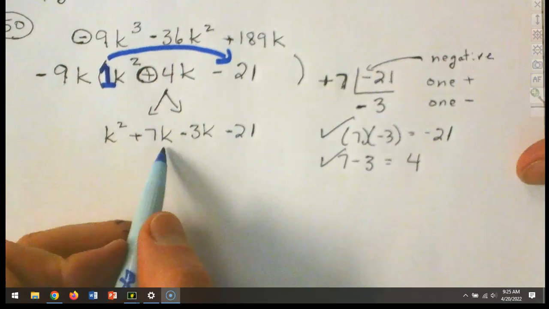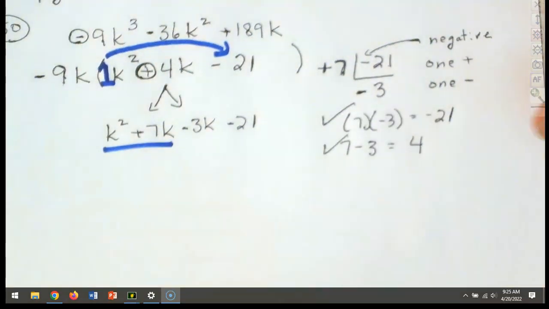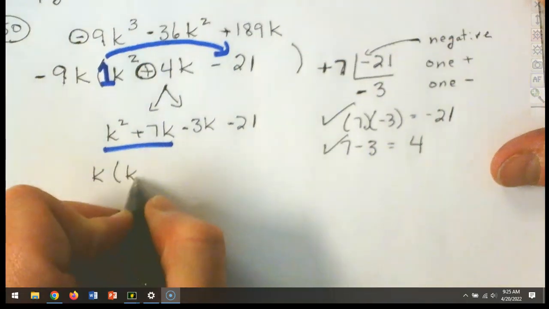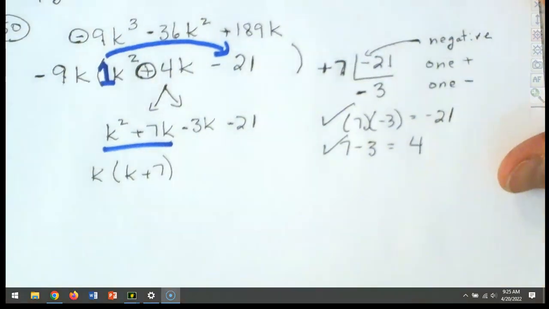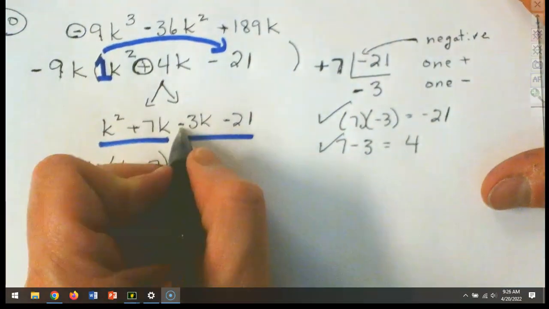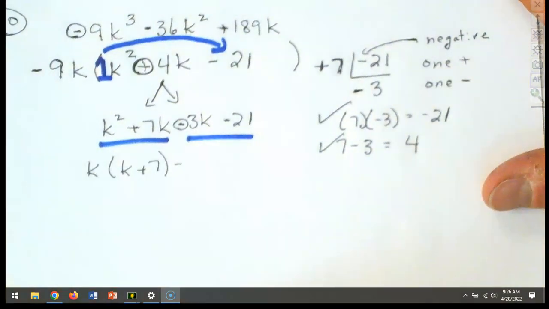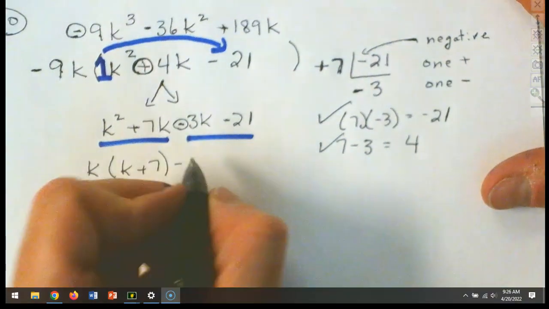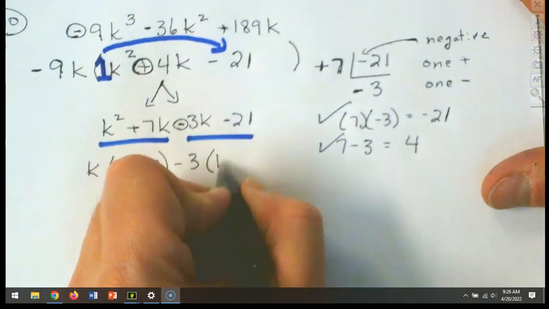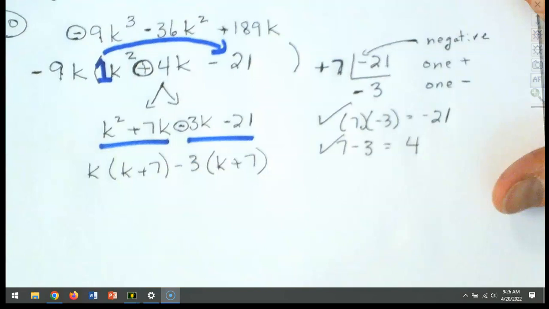Factor. Okay, pretty simple here. K comes out. K plus 7 is left over. Next 2 begins with a negative. So what do we have to factor out? Minus 3 and 21. They have a 3 in common. So that leaves you then with a k plus 7.